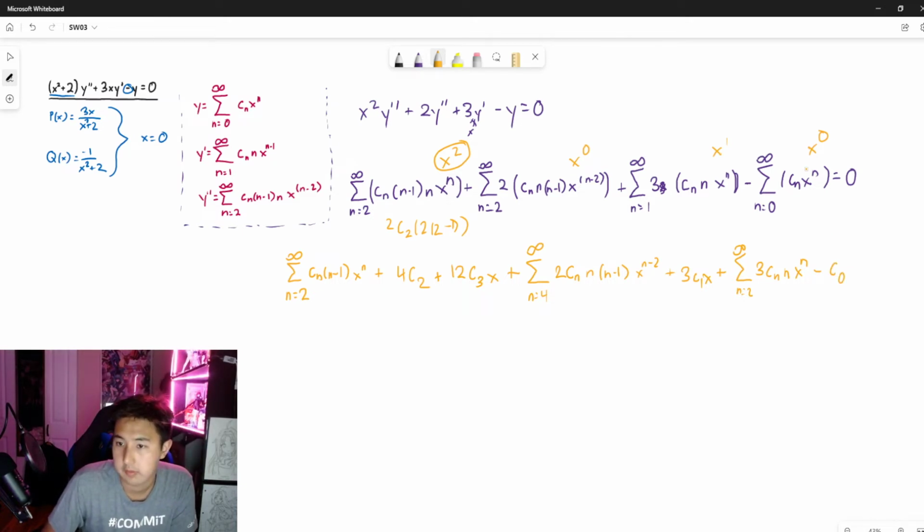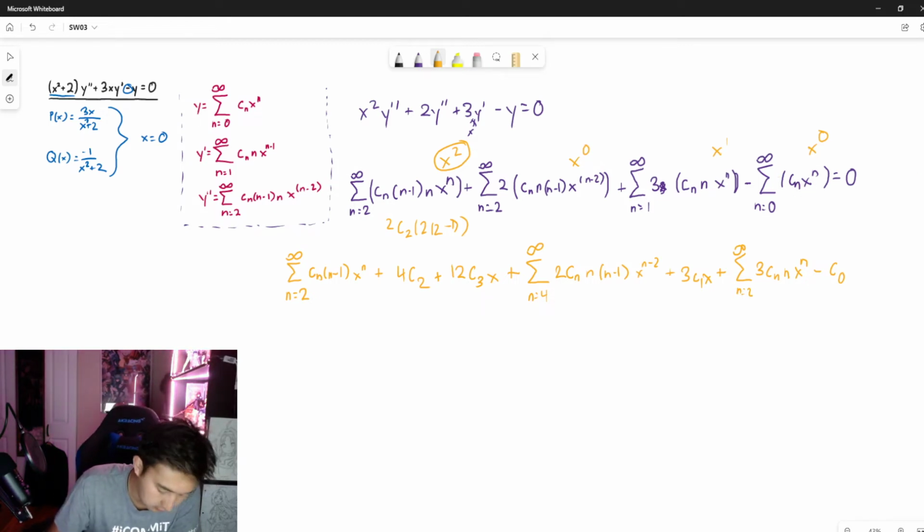That would be coming from here. So we plug in 0, c0, x to the 0 is just 1. So that's all that is. And then if we change that to 1, then we get minus, and then we plug in 1 instead. We get c1x.